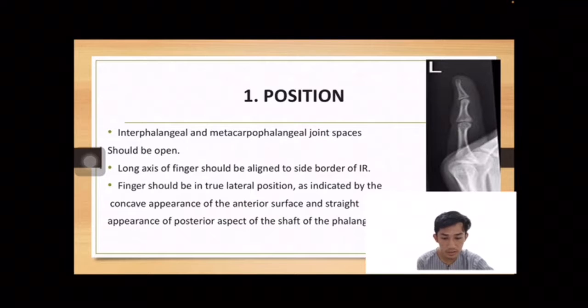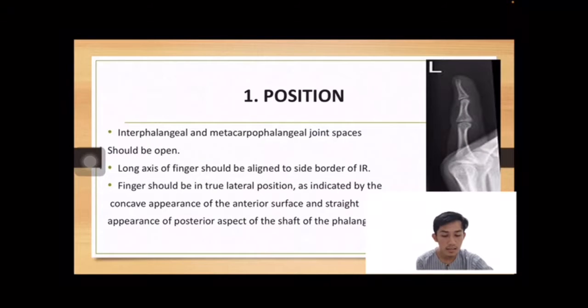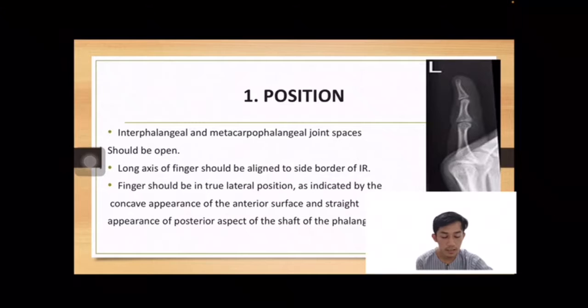For the position, the interphalangeal and metacarpophalangeal joint spaces should be open. This is the interphalangeal joint, and this one is the metacarpophalangeal joint, and these should be open. The finger should be aligned to the borders of the image receptor. The finger should be in true lateral position as indicated by the concave appearance of the anterior surface and straight appearance of the posterior aspect of the shaft of the phalanges.